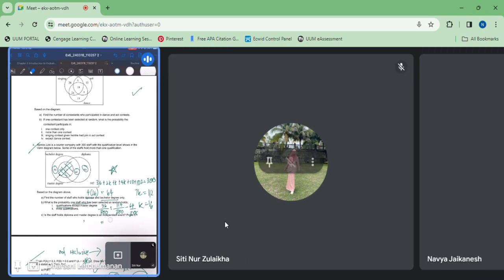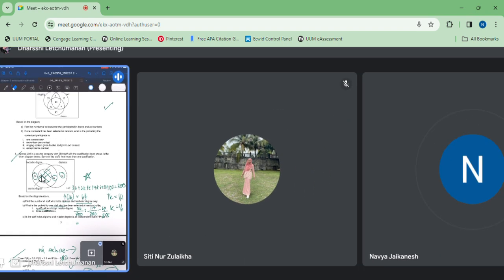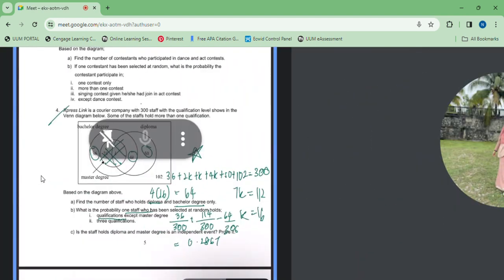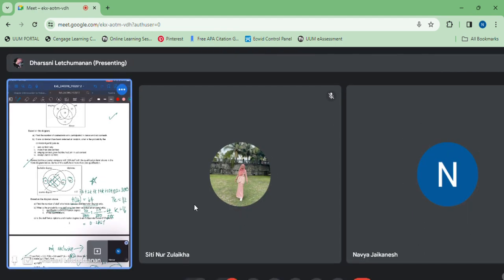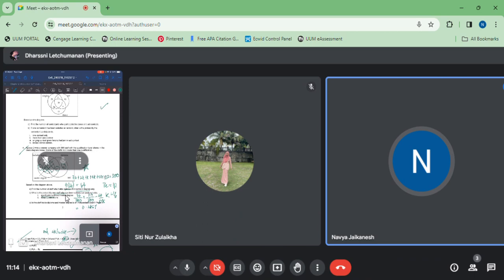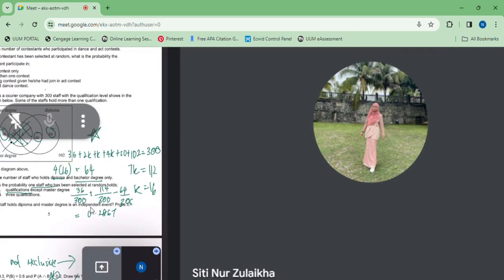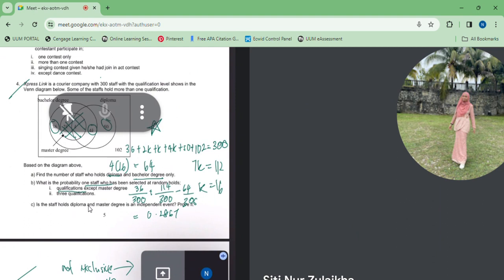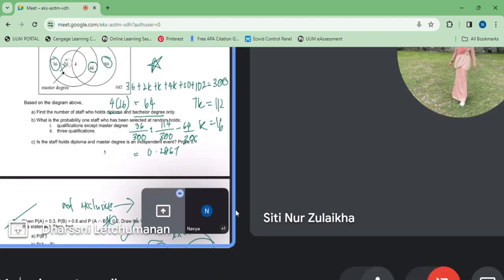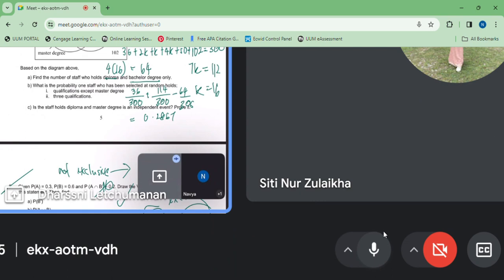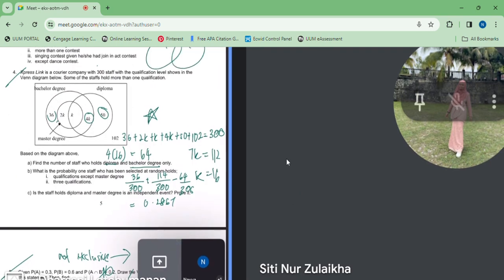I'm getting 0.2867. So I take this, this, and this, which will eventually look like this. 36, I plus all and then I minus the middle.